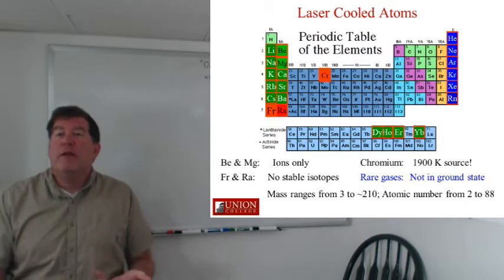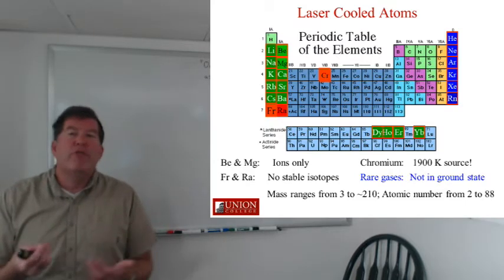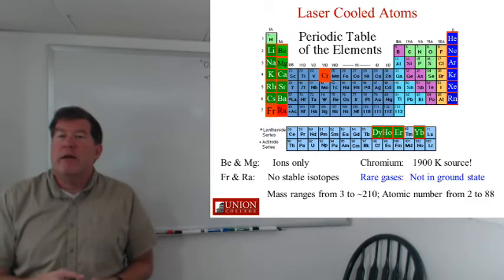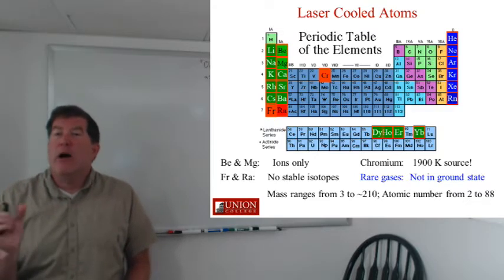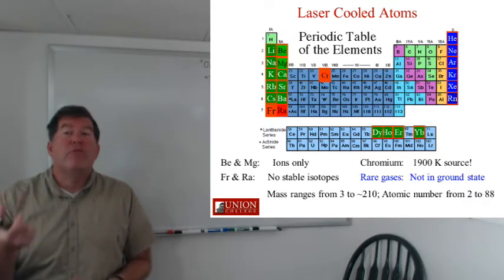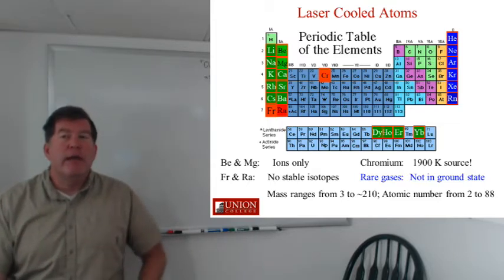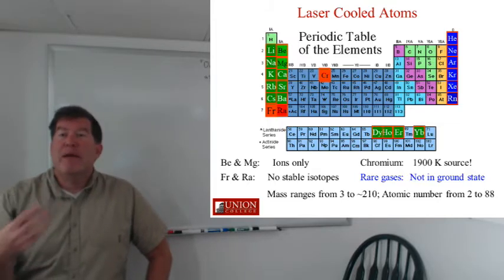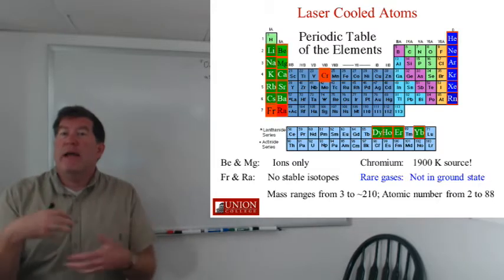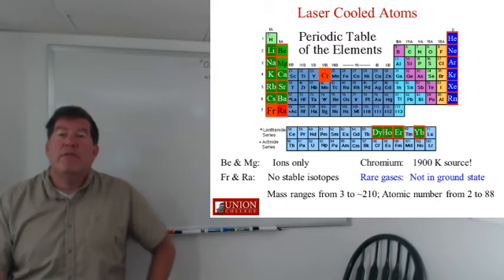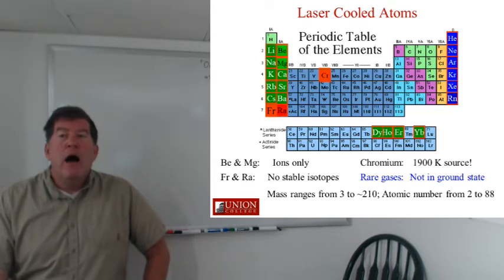Some interesting things about these different elements that have been cooled. There are a few of these that have really interesting properties. Chromium starts at a temperature of 1900 Kelvin, so almost 2000 degrees, that you need to heat it to before you can get enough chromium vapor to be able to cool it. And yet, starting at that high a temperature, they can still laser cool this very effectively.